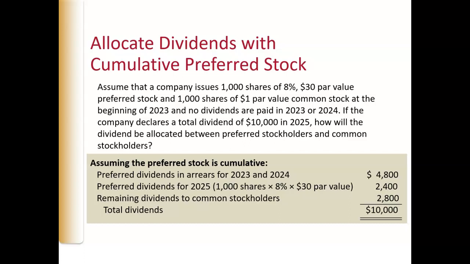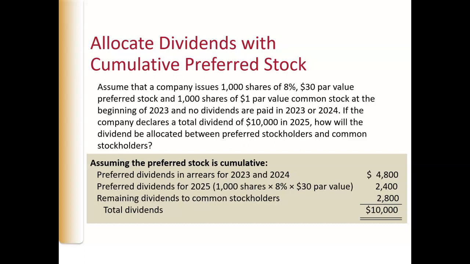If the company declares a dividend of $10,000 in 2025, how would the dividend be allocated between preferred shareholders and common shareholders?